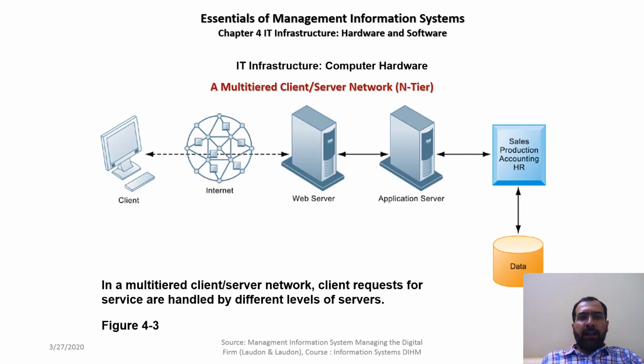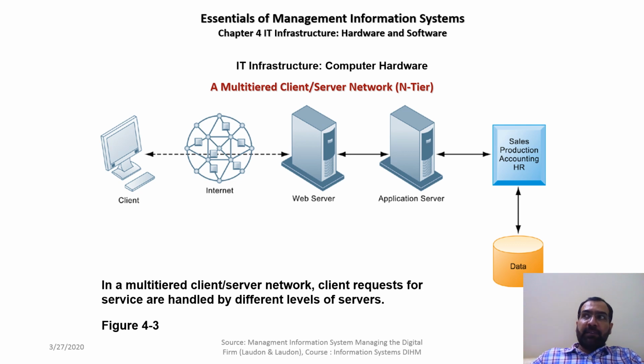In a multi-tier client architecture, this example shows that there is a client. First of all, the client is connected to a web server, and the connectivity is established through the internet. Most business organizations, as you know, have web applications, and through those web applications they provide services to the client. Maybe you have a bank account, and they have provided you a web application for your account.